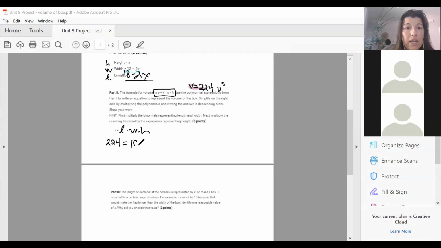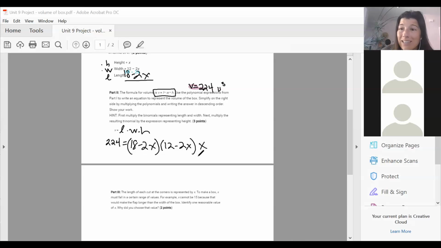Yep. Now notice there's two terms there for L, so we're going to keep that in parentheses. Our width, our W, 12 minus 2x, I'm also going to put that in parentheses, times our height is x.